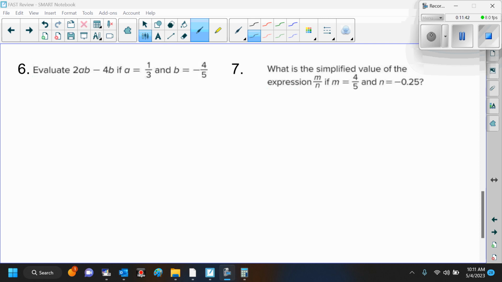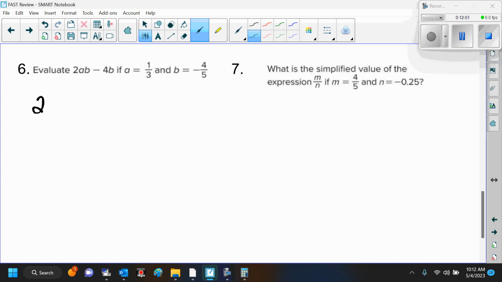So number 6, we want to evaluate 2AB. What does 2AB mean? 2 times A times B, right? Okay. And then 4B means 4 times B, right? Okay, good.